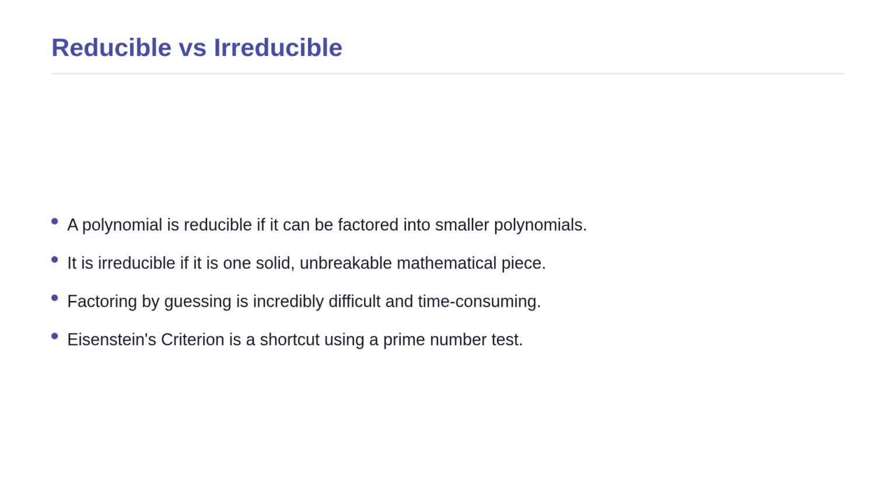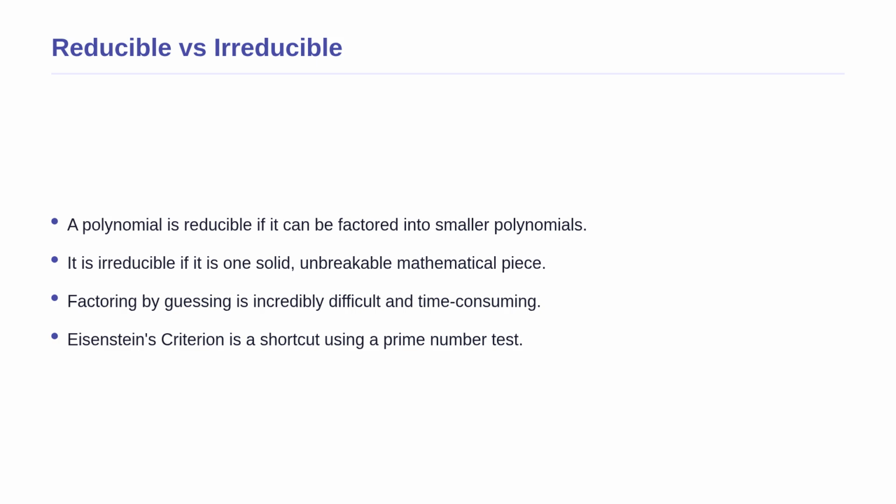Before we look at the criterion itself, let us understand why we need it. In algebra, we constantly ask if a long polynomial can be broken down or factored into smaller pieces. If it can be factored into smaller polynomials, we call it reducible. If it is built as one solid, unbreakable mathematical piece, it is irreducible.